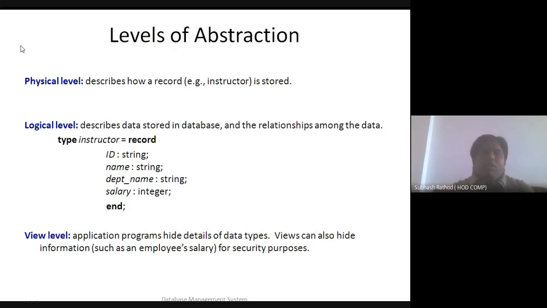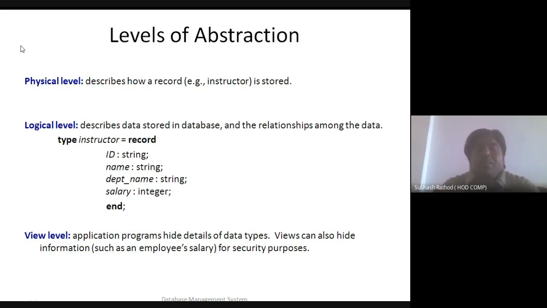So you all know what abstraction is, right? Hiding details. So how is this abstraction achieved in DBMS? It's the most important question, and here is also a challenge. Remember the question: how are we going to achieve abstraction in DBMS?